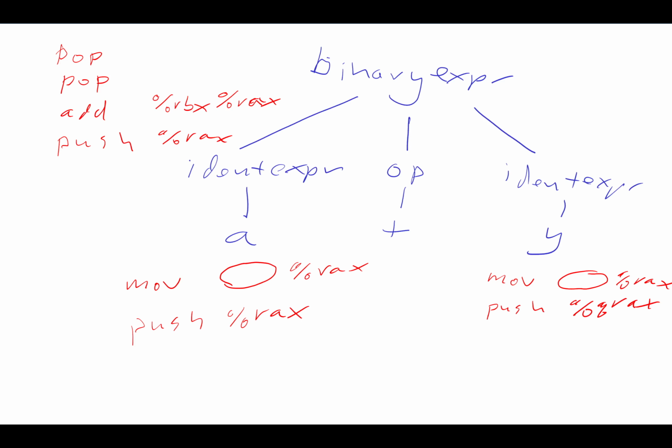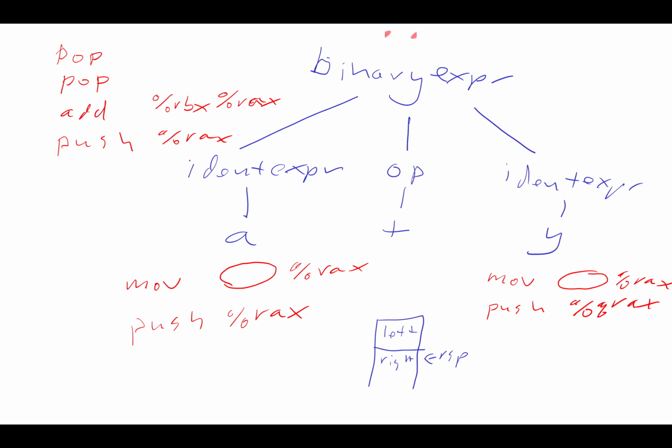So if I show the stack here, if I call this one first, then my stack, growing downwards, is going to have the left operand and then the right operand, and my stack pointer is going to be pointing at the right operand.